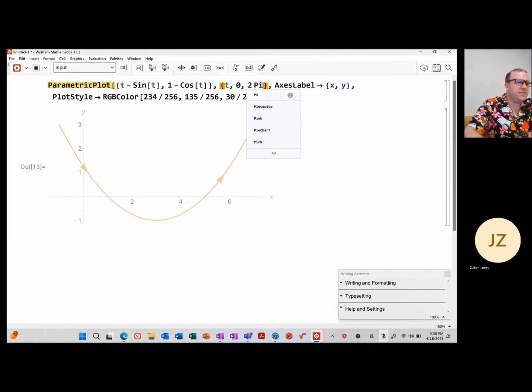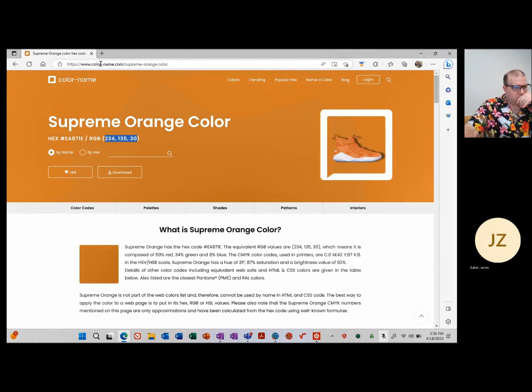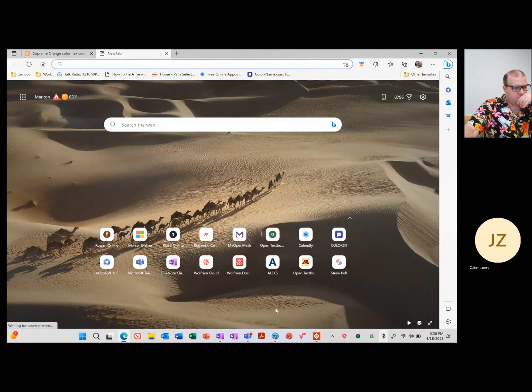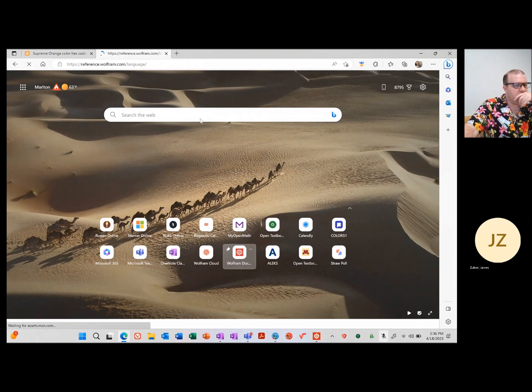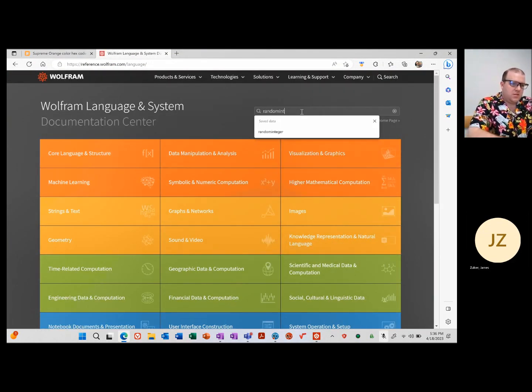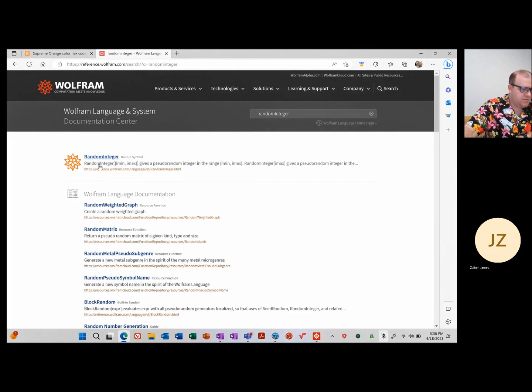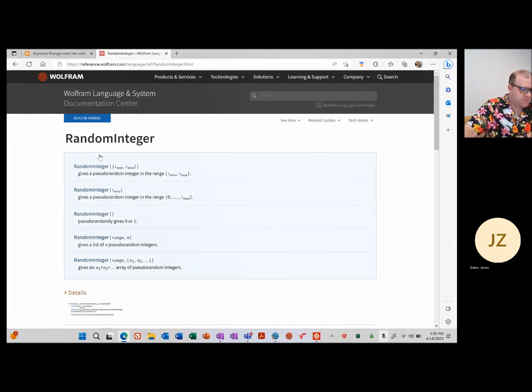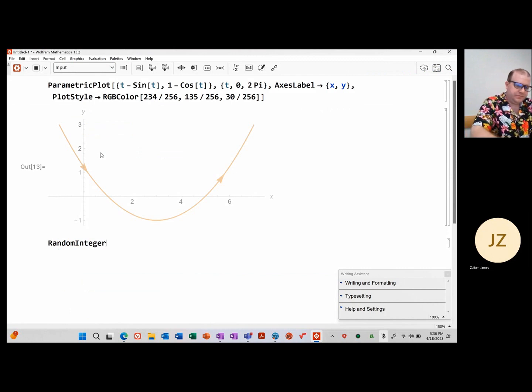Over the intervals they gave. I can't remember how random integer works on here. Perfect. 256, and I want 3 of them.